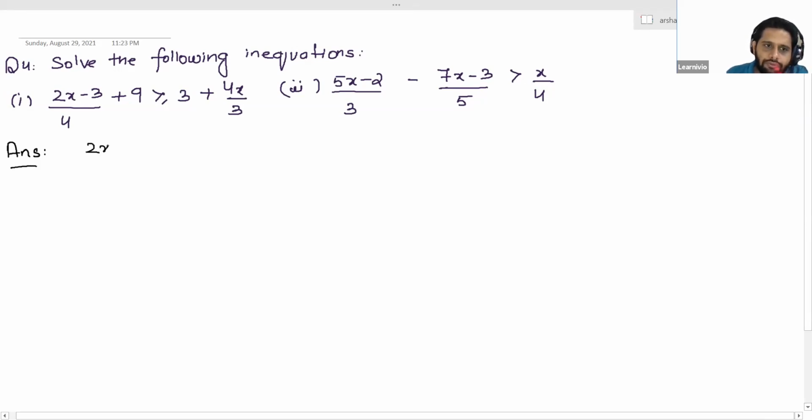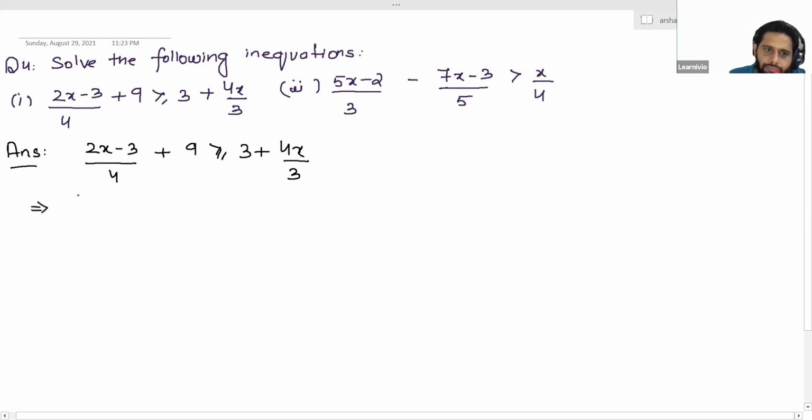This is our question: (2x minus 3) by 4 plus 9 greater than equal to (3 plus 4x) by 3. Now, Rishan, this is your choice. You can take the LCM over here, or you can shift this variable to the left side and then solve it. It's your choice.